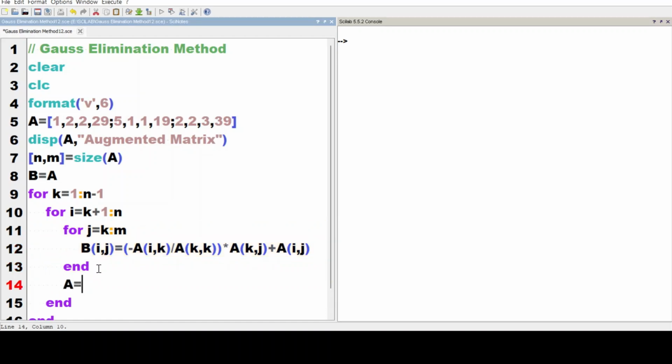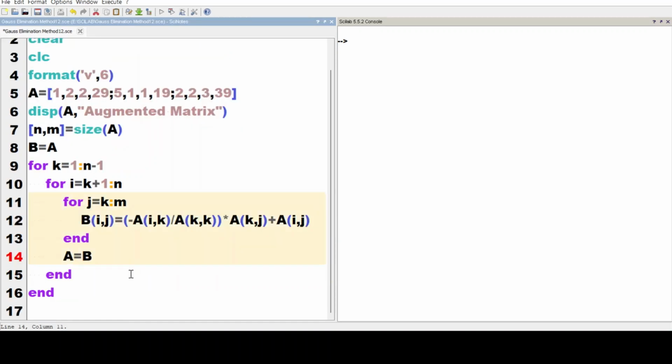Here we write a is equal to b, and here we write xn is equal to b n comma n plus 1 divided by b n comma n.